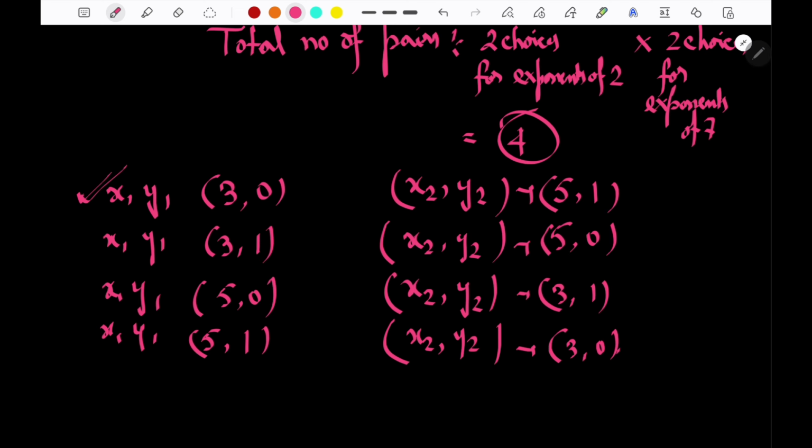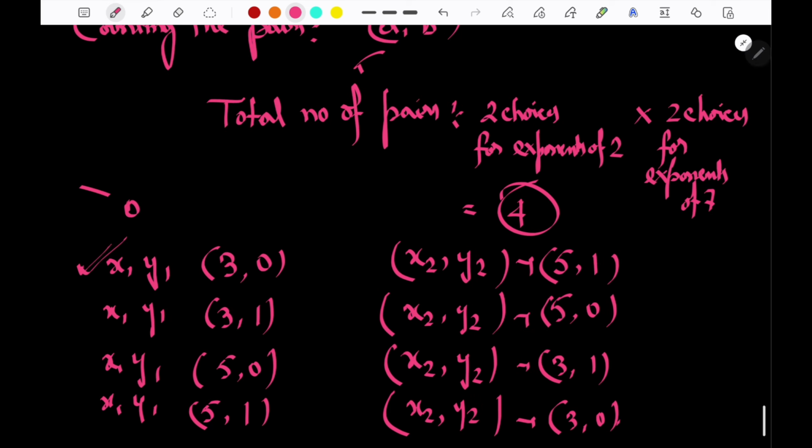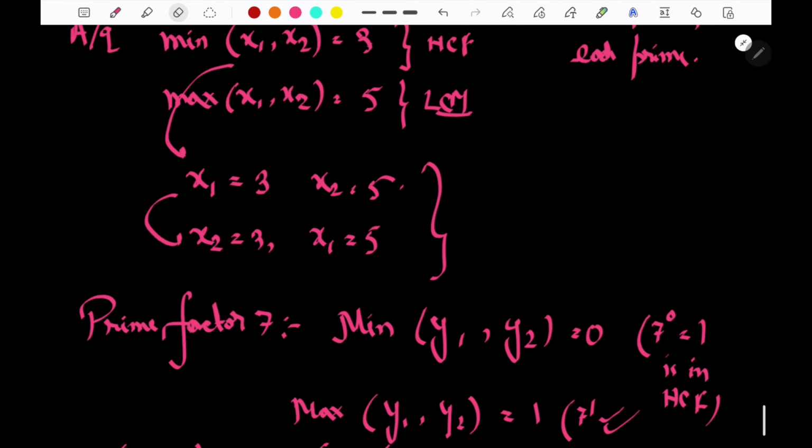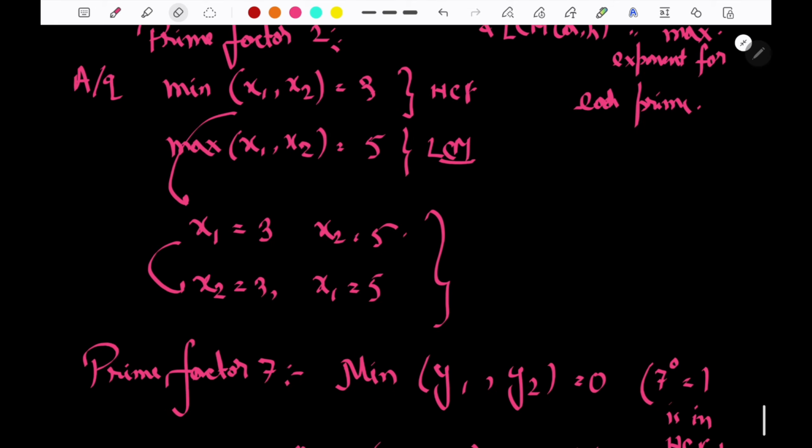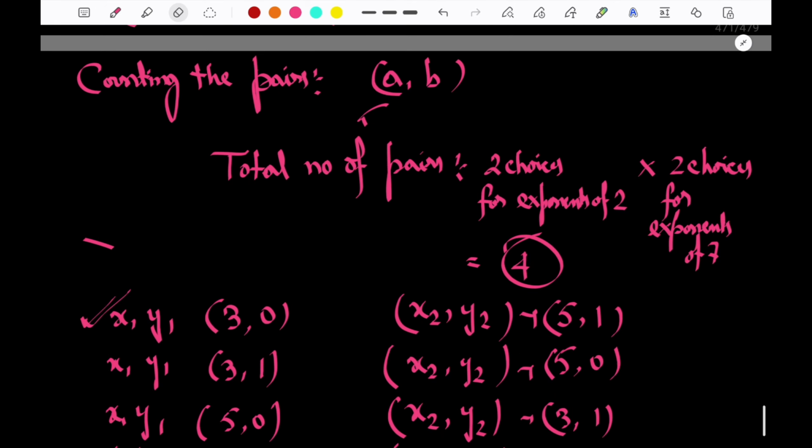So can we say what are the possible values of A and B? Amazing. A was 2 to the power x1 into 7 to the power y1, and B is equal to 2 to the power x2 into 7 to the power y2.